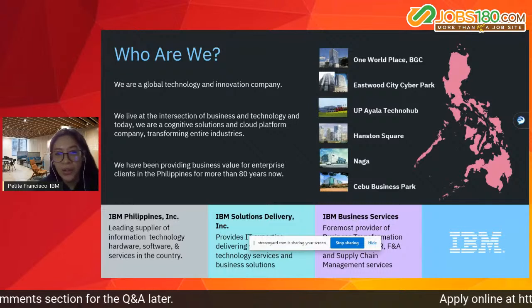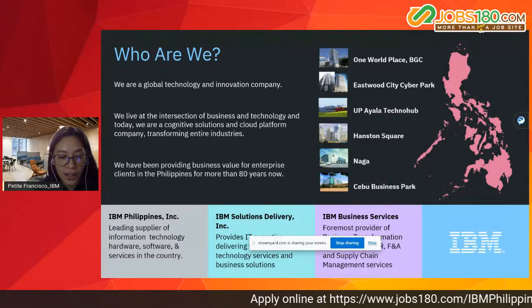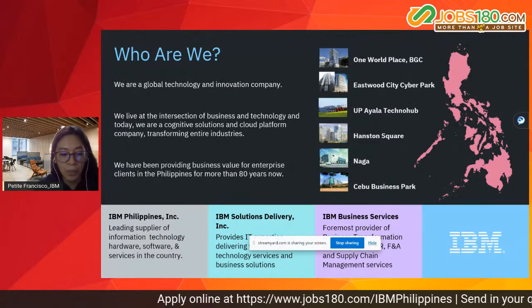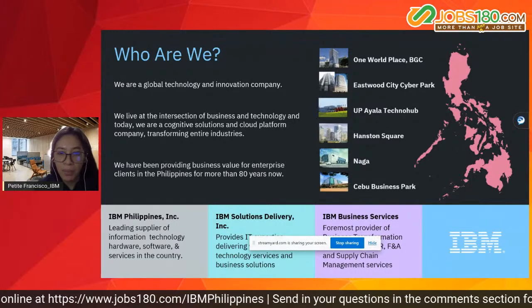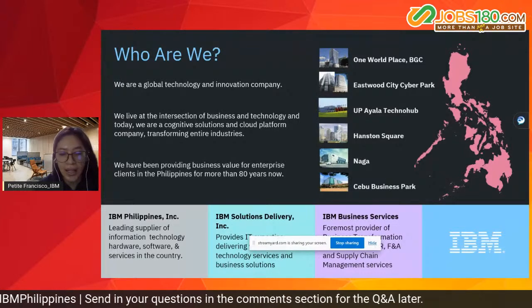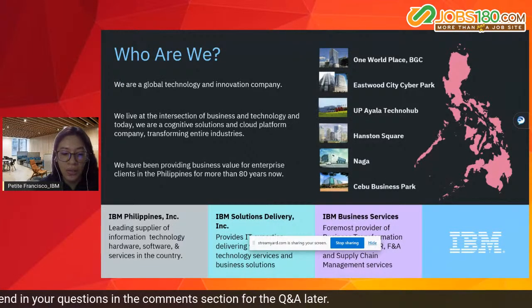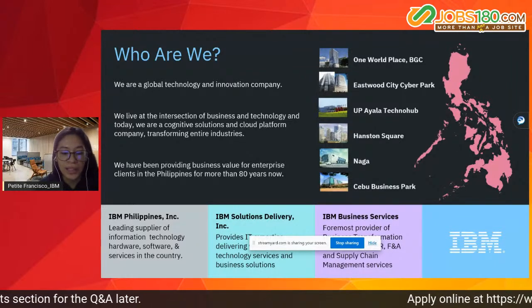We live at the intersection of business and technology, and today we are a cognitive solutions and cloud platform company transforming entire industries. Simply put, we offer business process solutions, technical and industry solutions, and innovative technology solutions to respond to the world's ever-evolving needs.